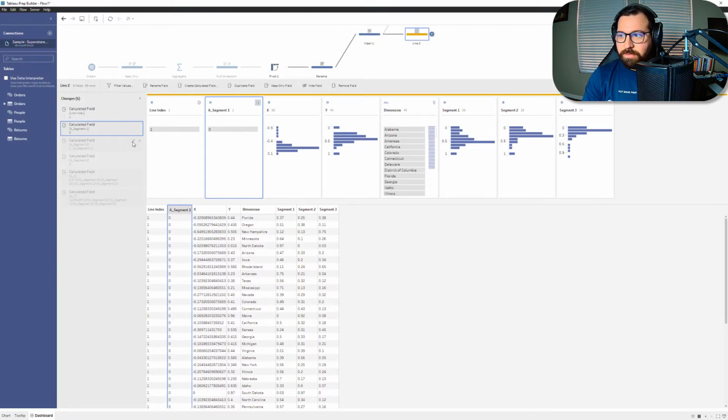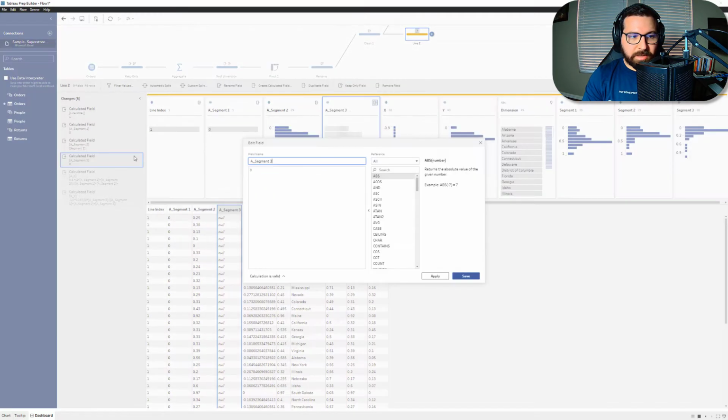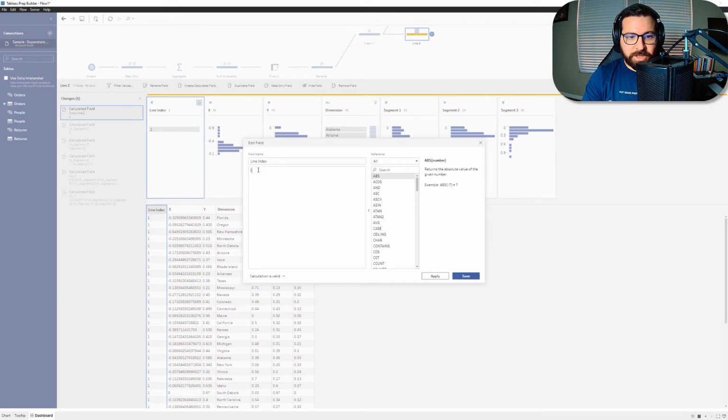A segment 2 is going to be a copy of segment 2. And a segment 3 is going to be 1 minus a segment 2. And then my X and Y stays the same, but my line index is also going to change to 2.